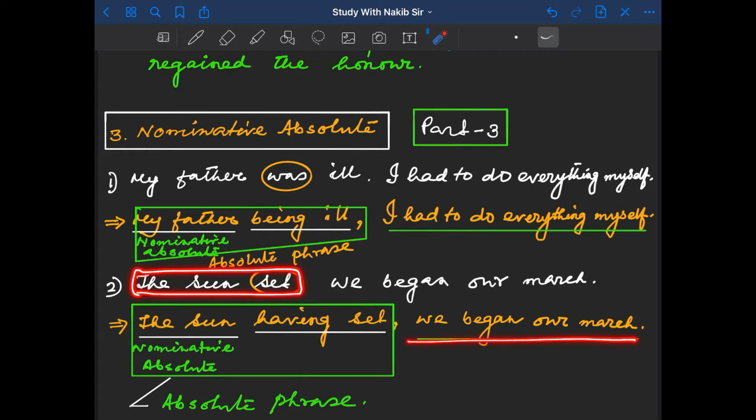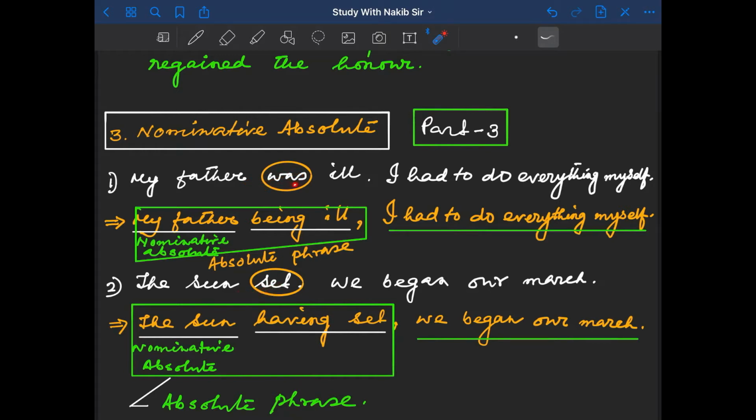It is possible if this sentence is turned into a phrase. How will you turn this sentence into a phrase? To turn this into a phrase, go to the verb and check if there is any be verb or not. Here there is no be verb. Earlier, the be verb "was" was there.